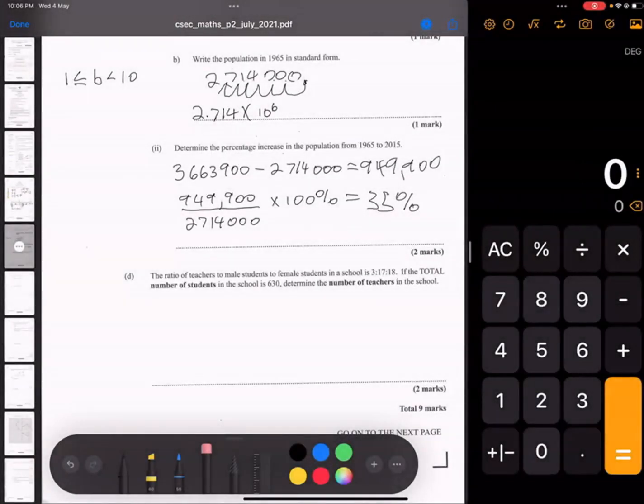Part D. The ratio of teachers to male students to female students in a school is 3 to 17 to 18. If the total number of students in the school is 630, determine the number of teachers in the school. So let's rewrite that ratio.